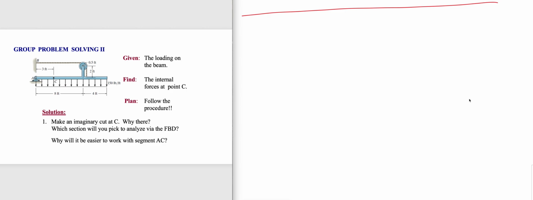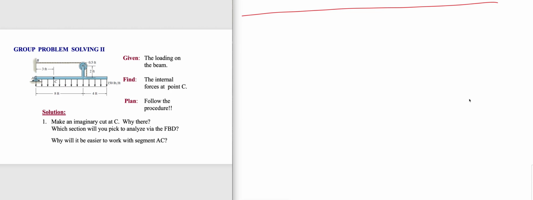So here, I'm asking you to find what are the internal reactions at C. At C, point C, what will you do? Will you take AC part or will you take C to almost to the rightmost? I would take AC. That means what are you supposed to do? You have to find what are the support reactions at A first, right?